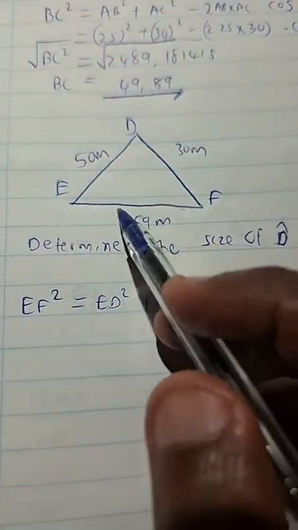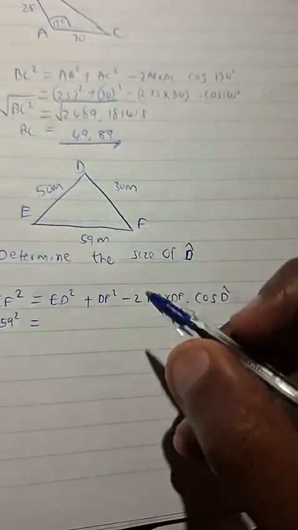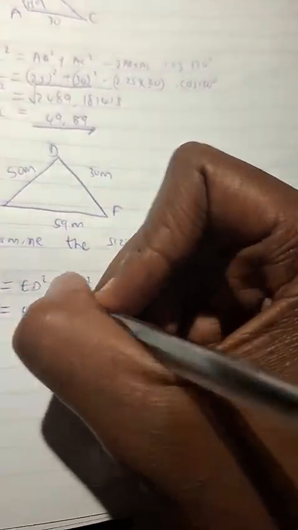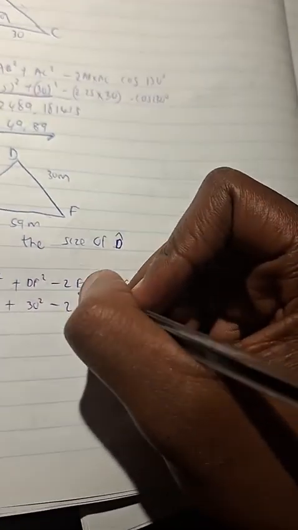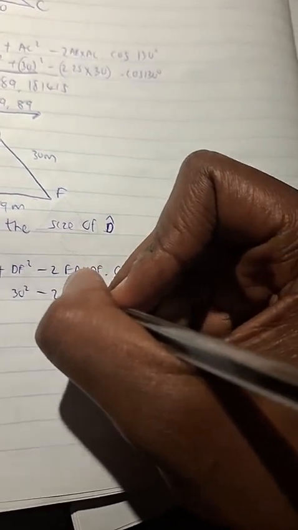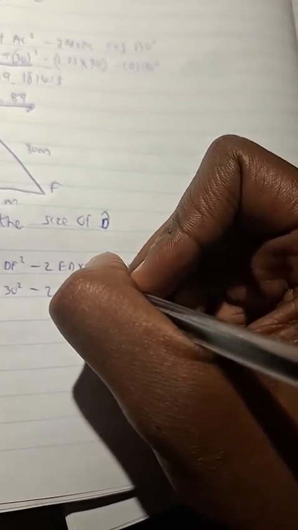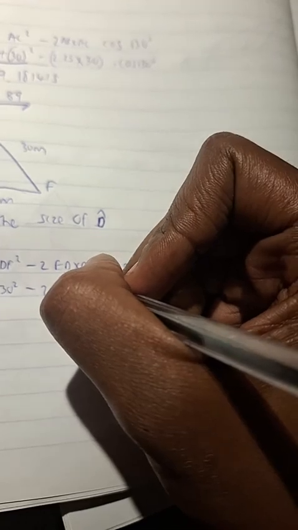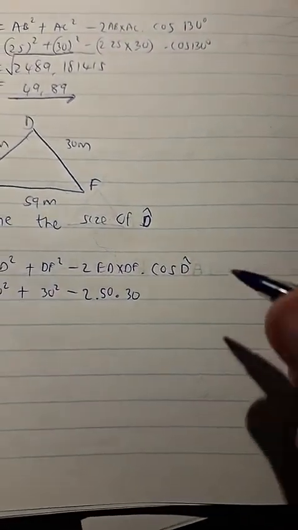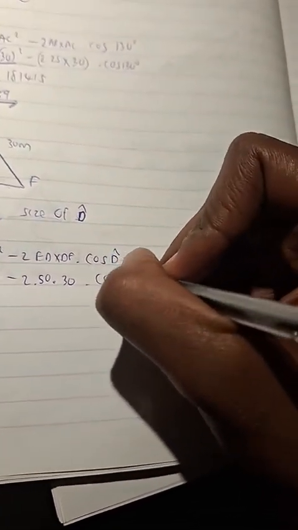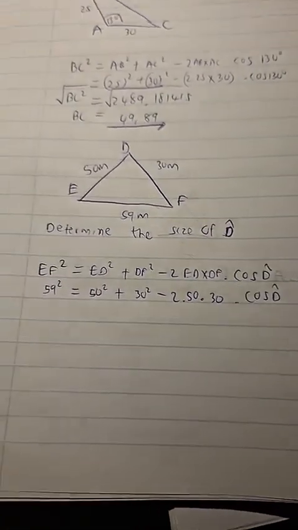So EF squared, which is 59, is equal to ED, 50 squared, plus DF, 30 squared, minus 2 times ED, 50, times DF, 30, cos of angle D.